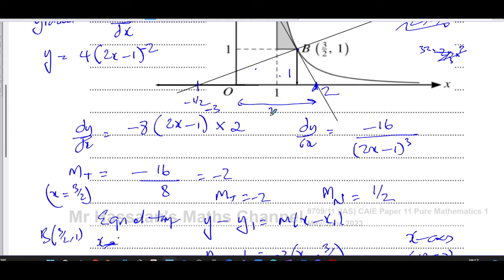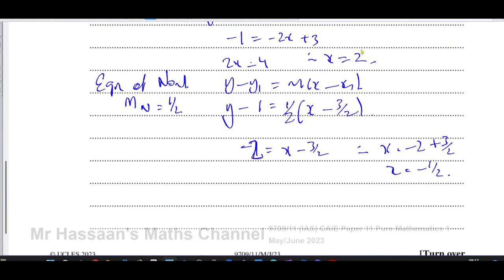So the area is a half times base times height, a half times 2.5 times 1, which is 2.5/2. That's 1.25 square units. You can say 5/4 square units.